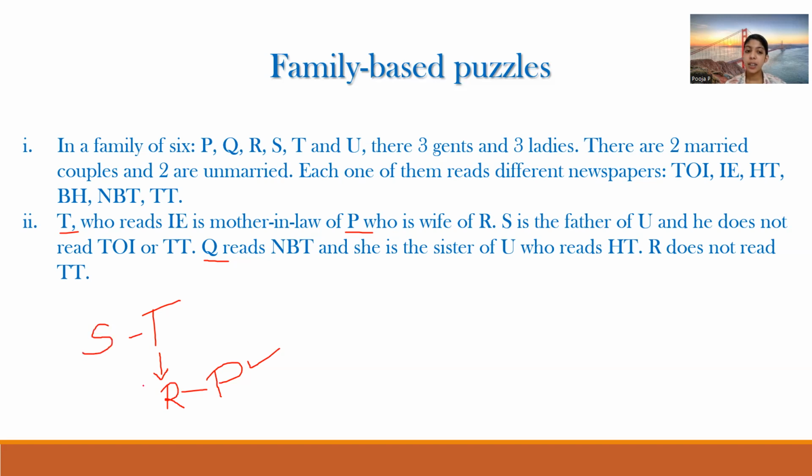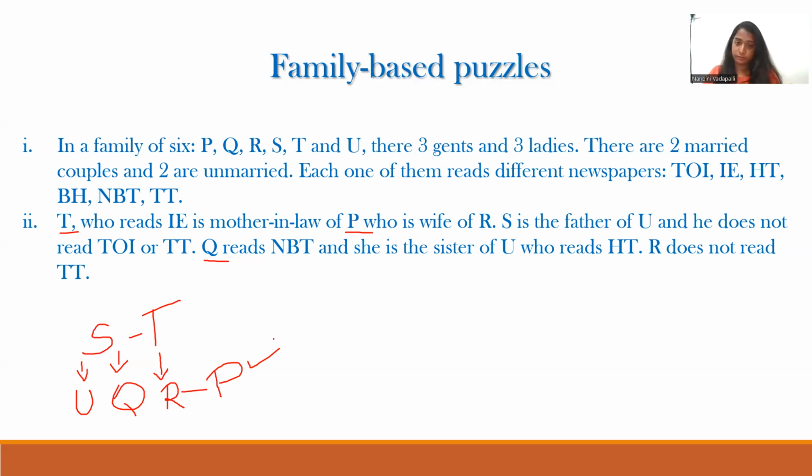So S is the father of R as well as U, which means U and R are brothers. Next, the left-out option is that Q is the sister of U, which means S and T's daughter is Q.